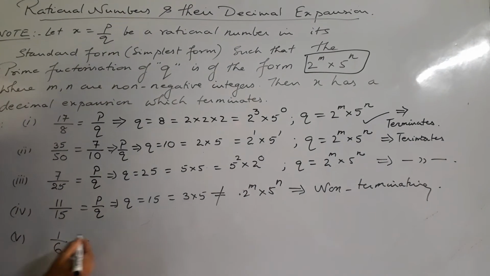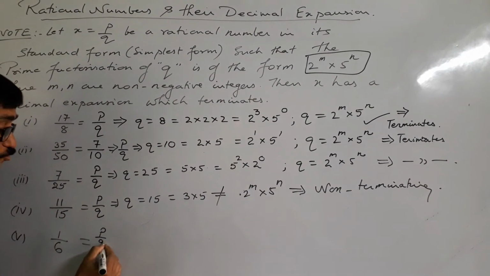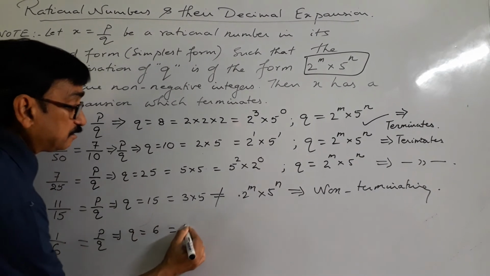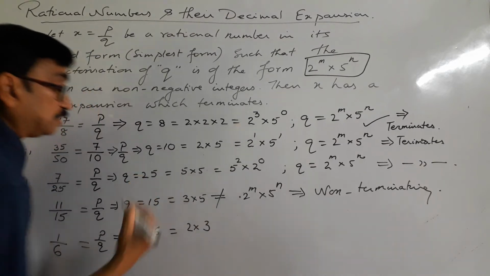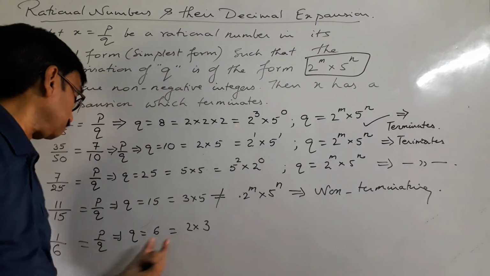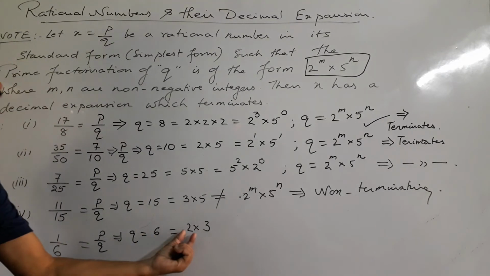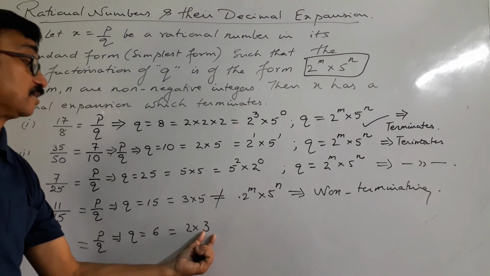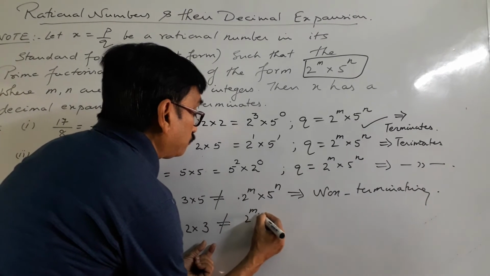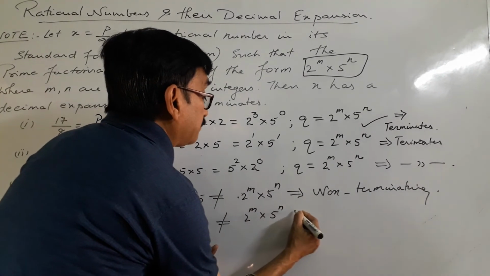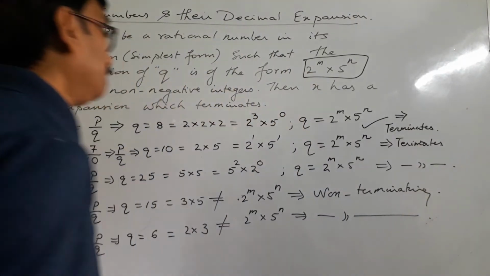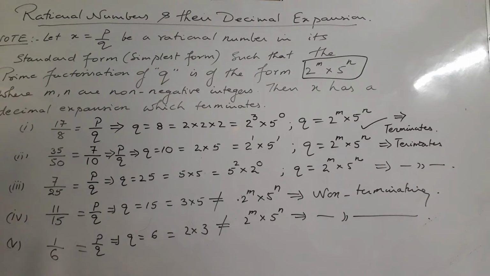Now the fifth example, p by q. q is here 6, with factors 2 into 3. Again here we can see that 6 has a factor 2, but it has again a 3. So therefore it is not equal to the form of 2 to the power m into 5 to the power n. Therefore this number is also a non-terminating number.